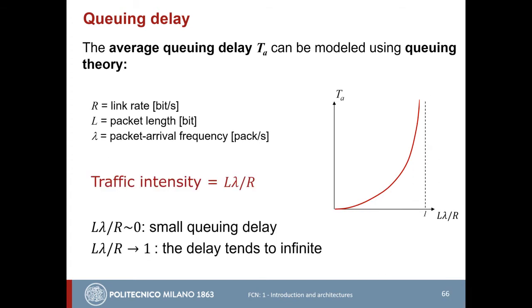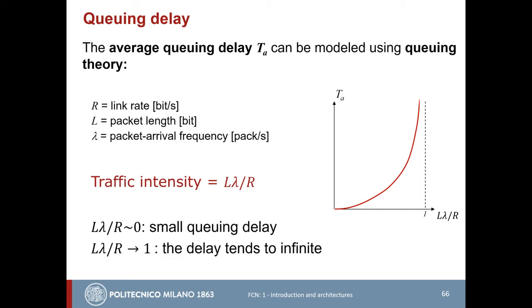Traffic intensity does not have any unit because it is a ratio. Here you have bits over a second, and above you have bits over seconds.